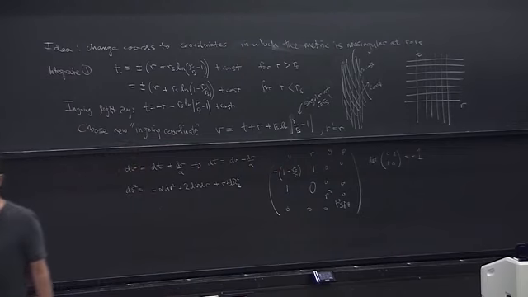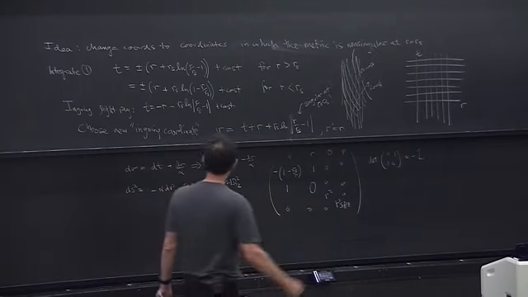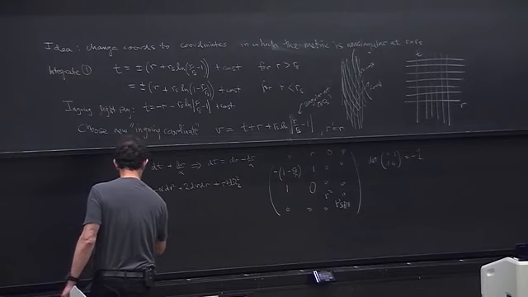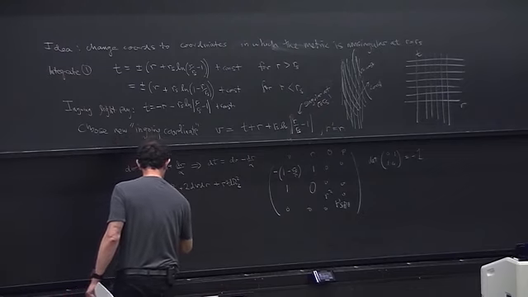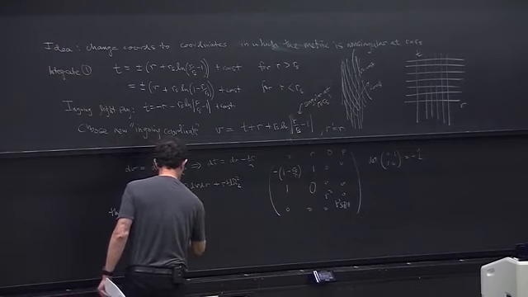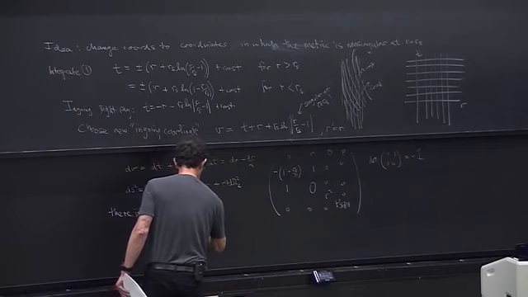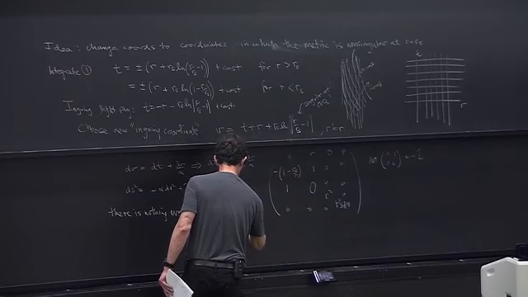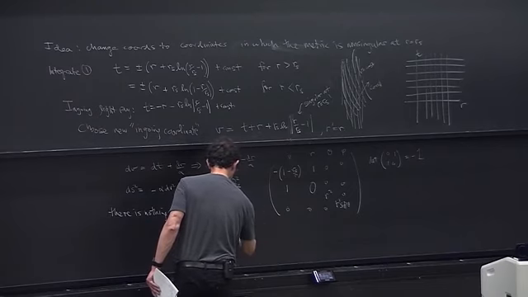That's absolutely fine. That's a good metric. It's invertible. Absolutely nothing wrong. Okay? So there is nothing wrong with this metric at r equals rs.